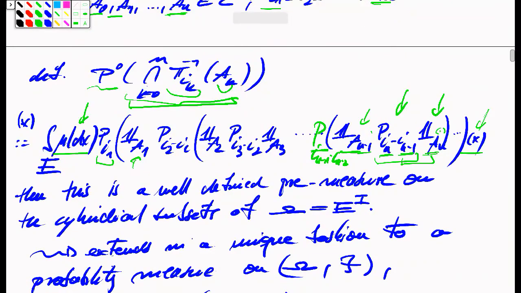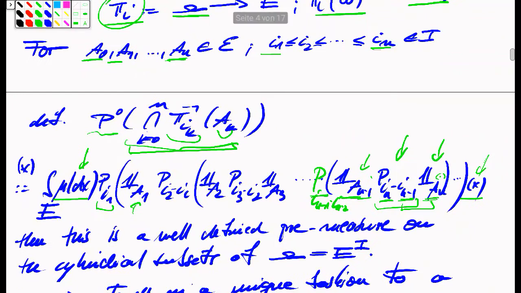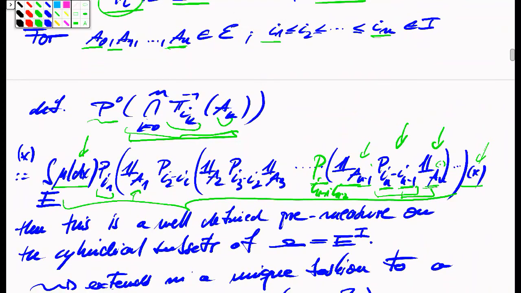Now the semigroup property will allow you to conclude that this number, which we have defined through these nested integrals, will not depend on the particular representation of the cylindrical set. Recall that a cylindrical set has various representations.